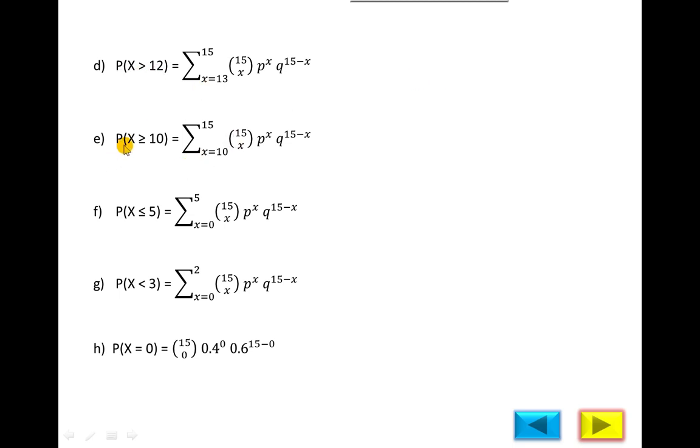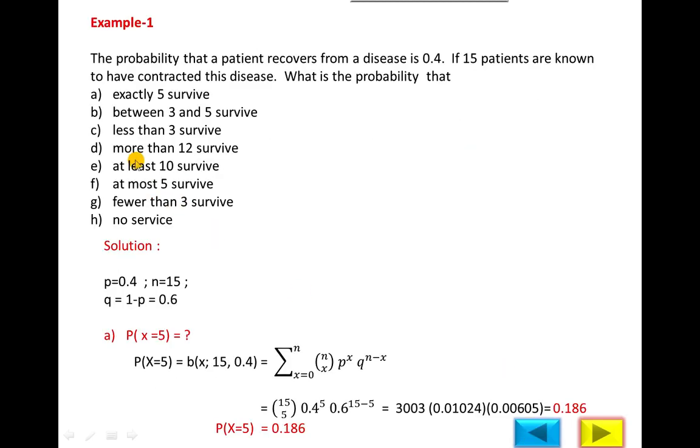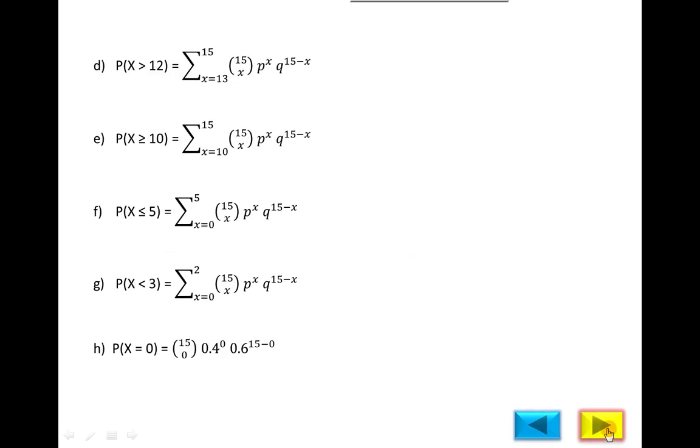Next part is at least 10 survive, minimum 10, maybe more than 10. At least 10 survive means 10 and above, minimum 10, maybe more than 10. I have already explained this type of condition in the first and second examples, video number 10 and 11.